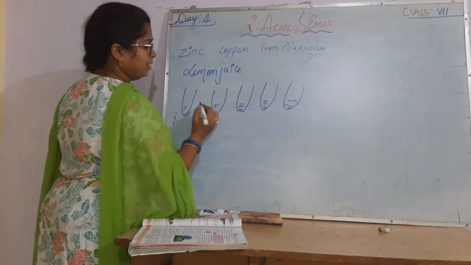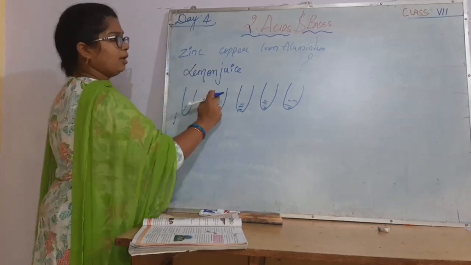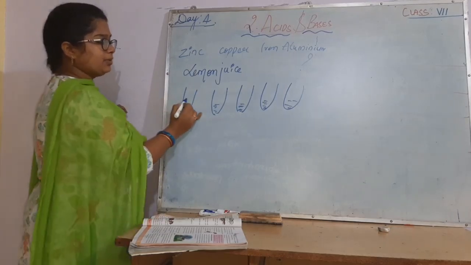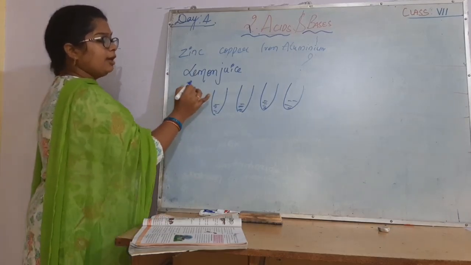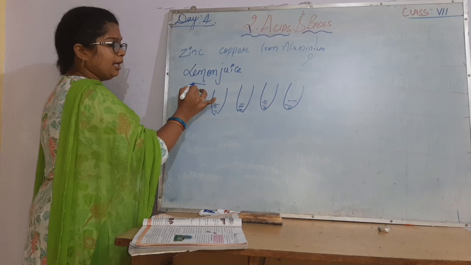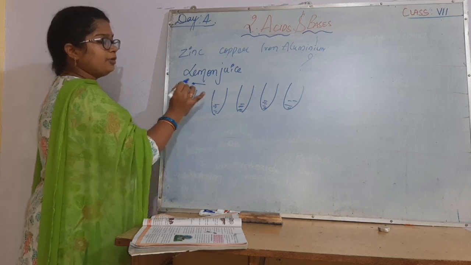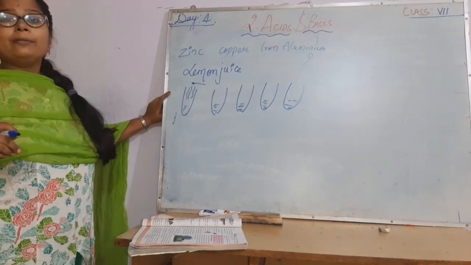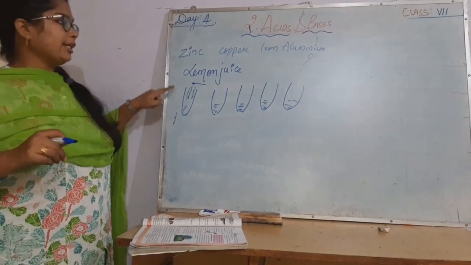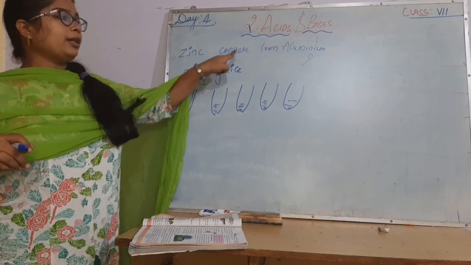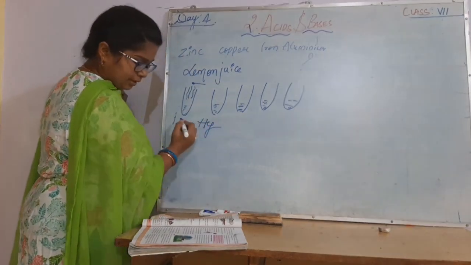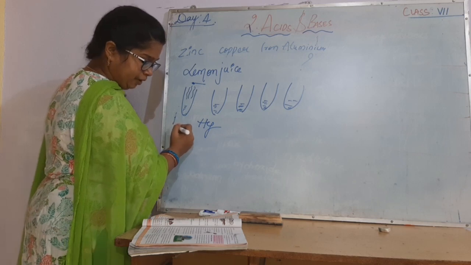In one you add zinc, copper, iron, aluminum, and some gas will be released from this. If you put a matchstick near it, it is going to give you a pop sound. Why? Because when acid reacts with these metals, zinc, copper, iron, a gas is released which catches fire with a pop sound.